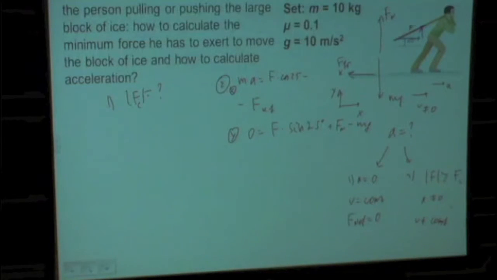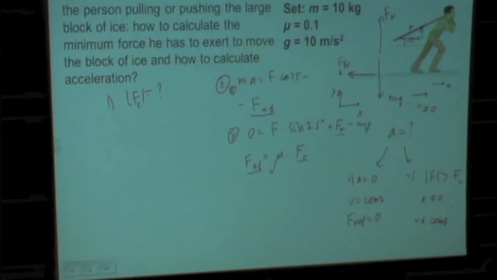And the third equation we can write is the relationship between the force of kinetic friction and the normal force. The force of kinetic friction comes in here, the normal force comes in here.